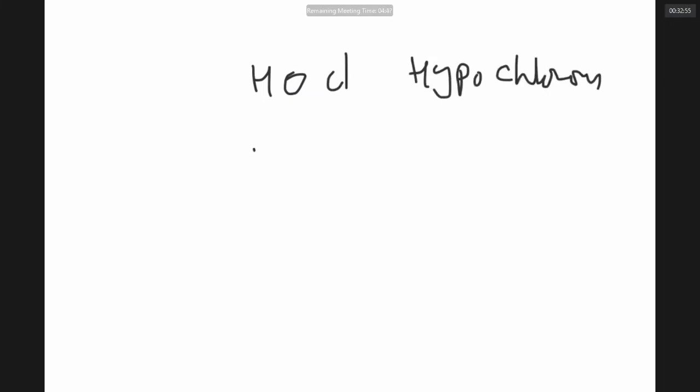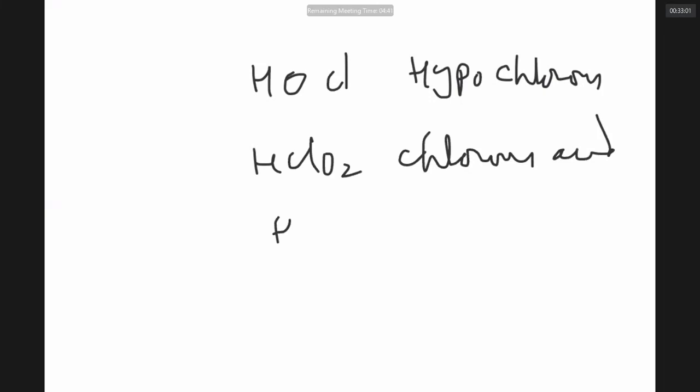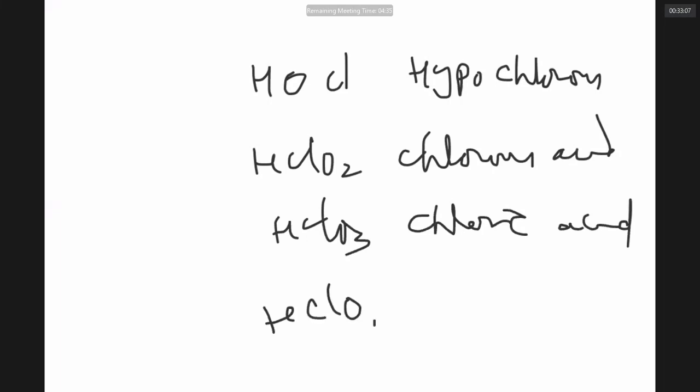If we look at the oxyacids, chlorine can make 4 types of oxyacids: hypochlorous acid, HClO2 chlorous acid, HClO3 chloric acid, HClO4 perchloric acid.